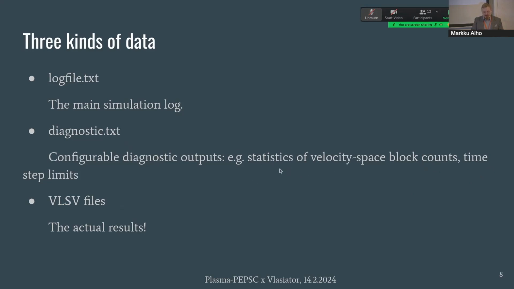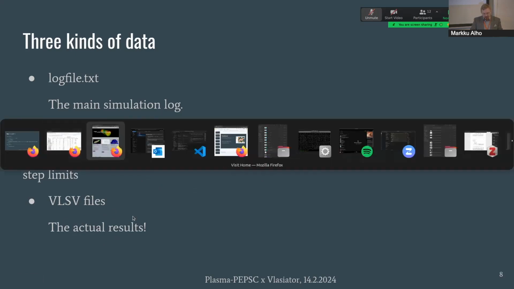This is nice for tracking the development of populations and how much memory those populations are taking. And the actual results are stored in these VLSV files, and we'll dig into these a bit more.